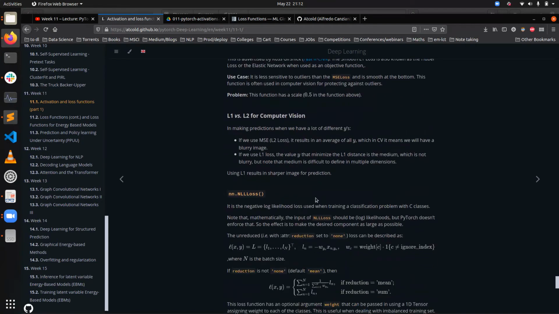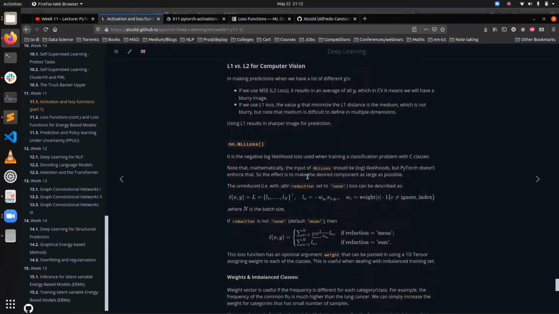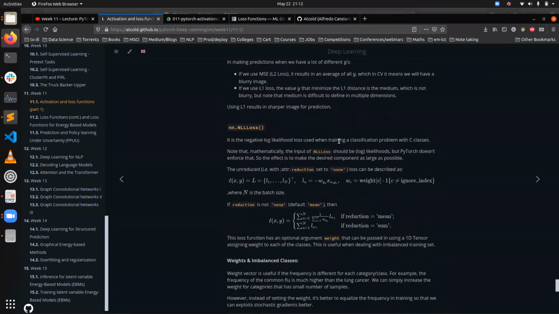This is negative log likelihood loss. So you use this when you have a classification problem with multiple classes. So you have an X vector with C scores, each corresponding to a particular category. Like, I don't know, something like ImageNet.